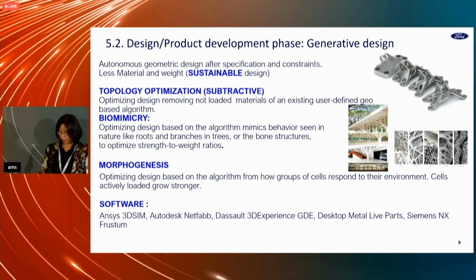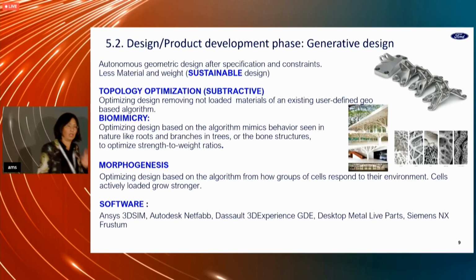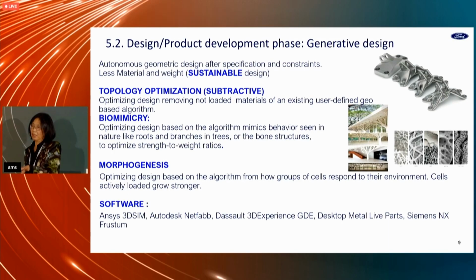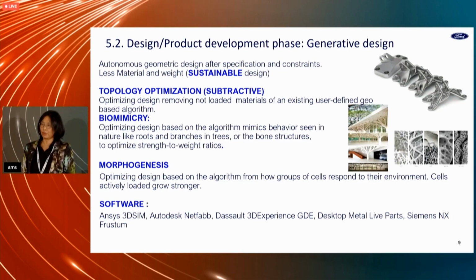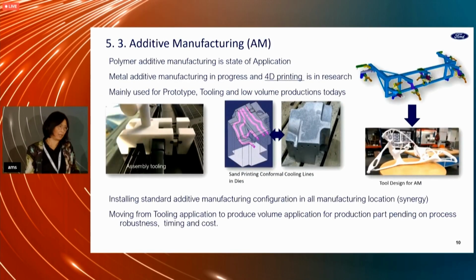If you are using this, there are several software packages you can use. But when you use this design, in some cases it is very difficult to produce with a conventional production method. That's why additive manufacturing is coming.